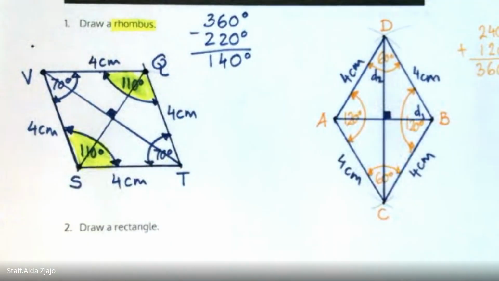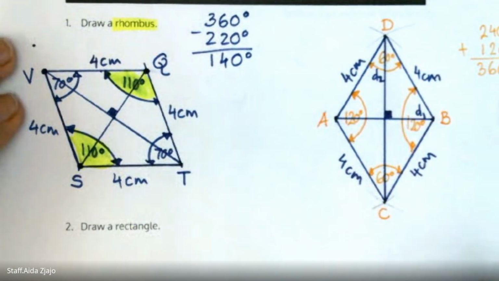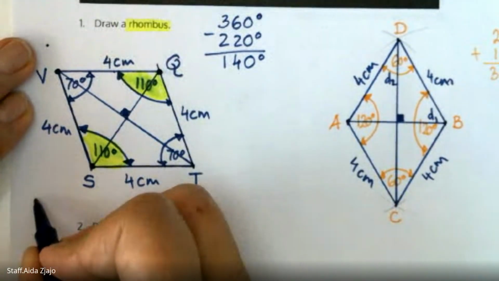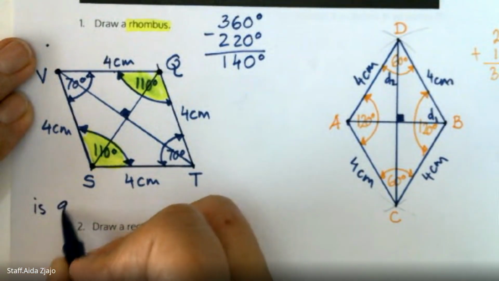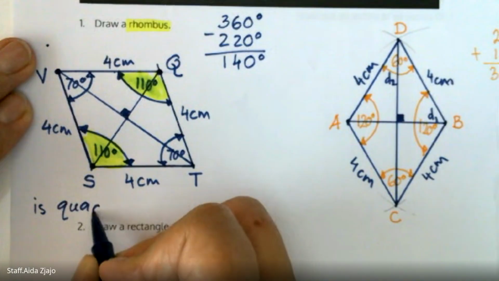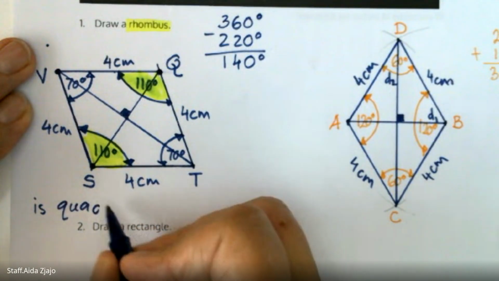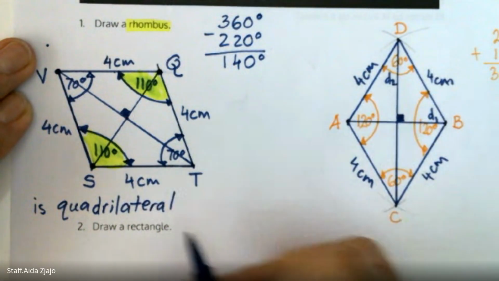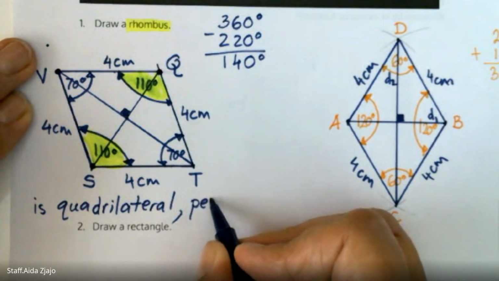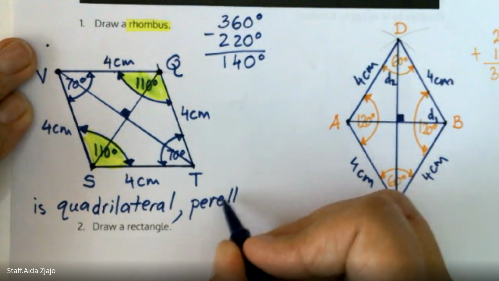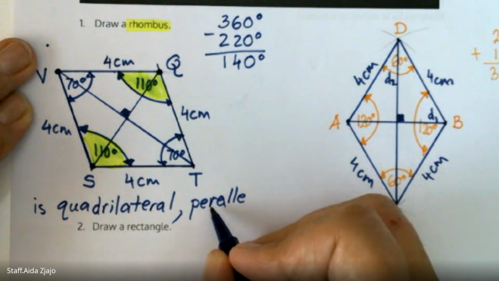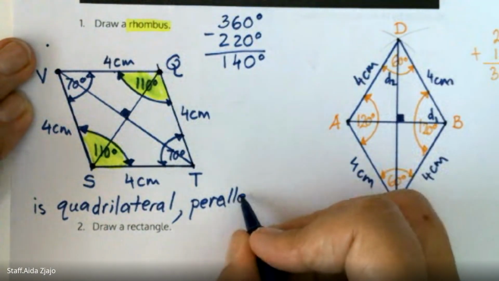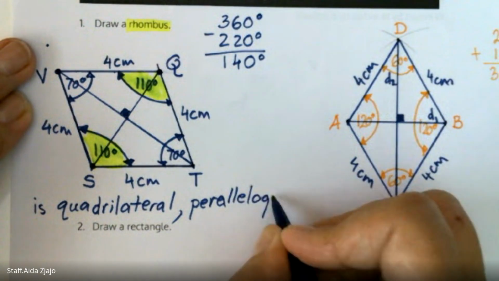So we can say that a rhombus is a quadrilateral. It is a parallelogram.